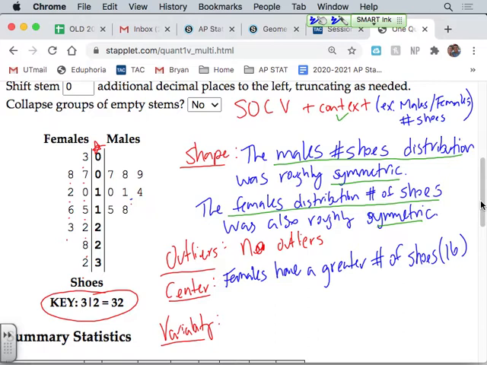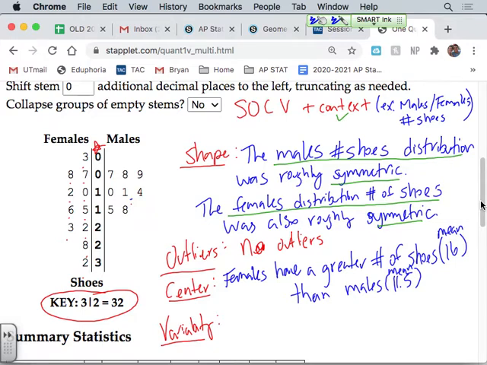So the females have a greater number of shoes, 16, than males, and I'll put parentheses 11.5. Oh, I need to put the mean, don't I? Have a greater number of shoes, mean of 16, mean of 11.5. Should I say mean, not like average? You can put average. Yeah, you can put average.